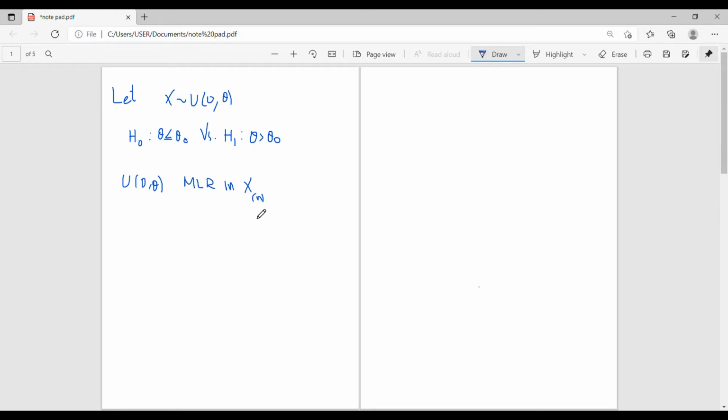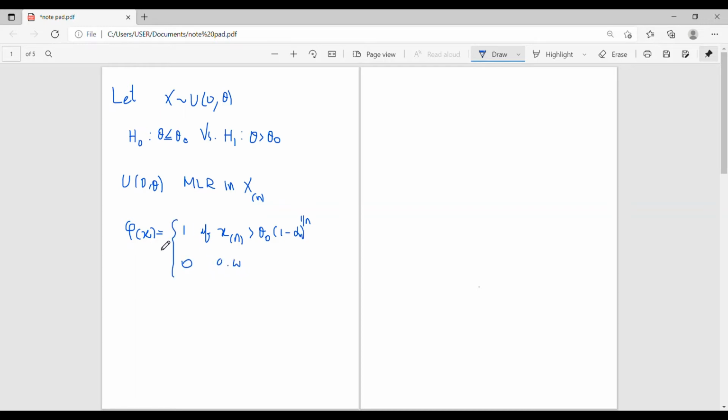Thus, using Karlin-Rubin theorem, the UMP test for testing H0 against H1 with size alpha is given by phi of x equal to 1 if Xn is greater than theta naught into 1 minus alpha power 1 by n, and is 0 otherwise.